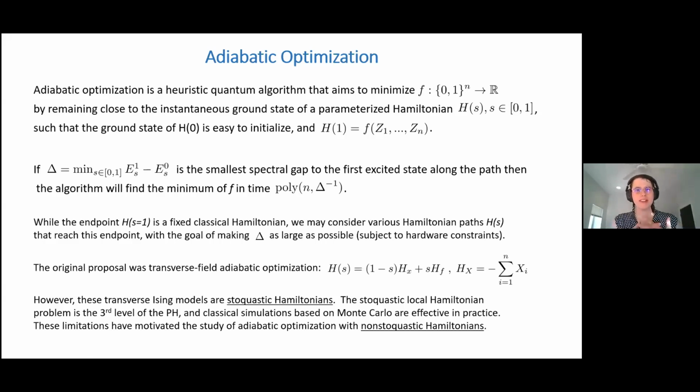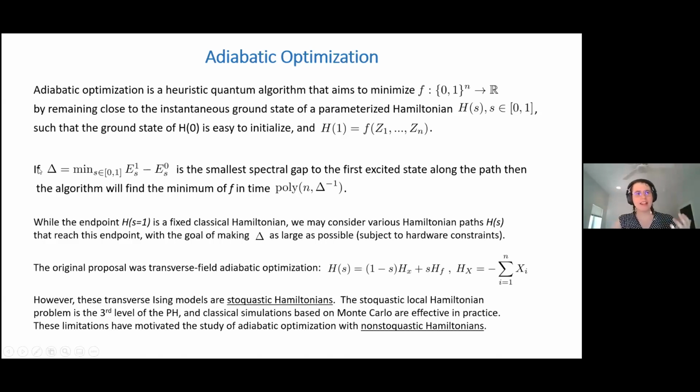The algorithm proposes to do this by remaining close to the instantaneous ground state of a parameterized Hamiltonian.